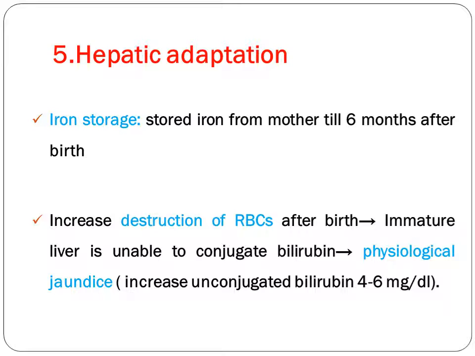But because the liver here is still immature, it will not be able to conjugate bilirubin, and the level of bilirubin will increase in the blood, leading to a yellowish discoloration in the skin of the newborn, which we call physiological jaundice. Physiological jaundice means an increase in the level of unconjugated bilirubin up to 4 to 6 milligrams per deciliter.